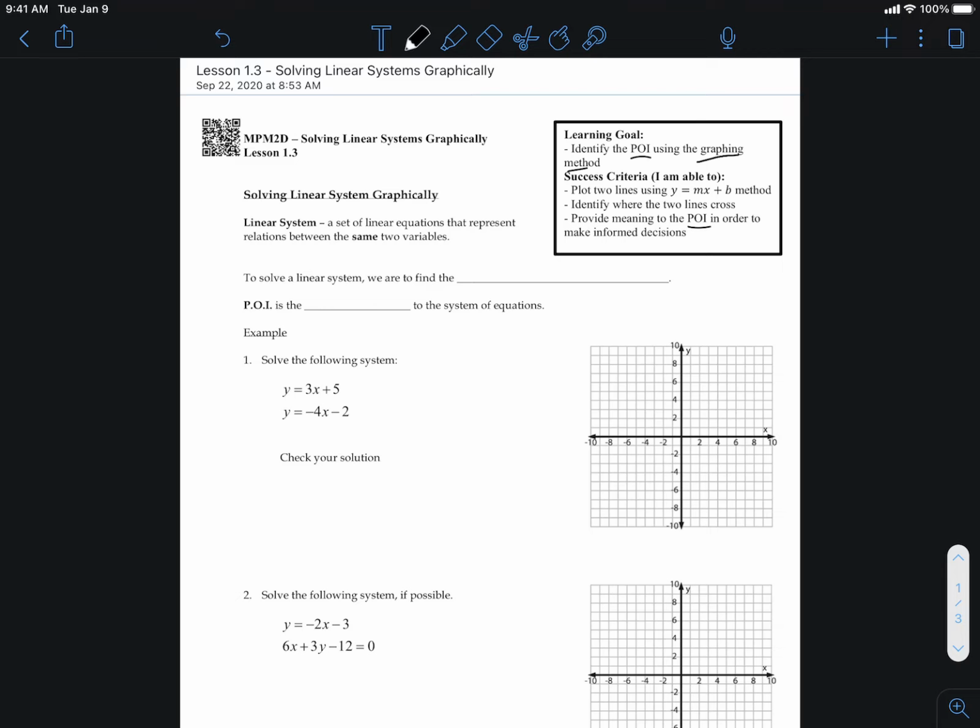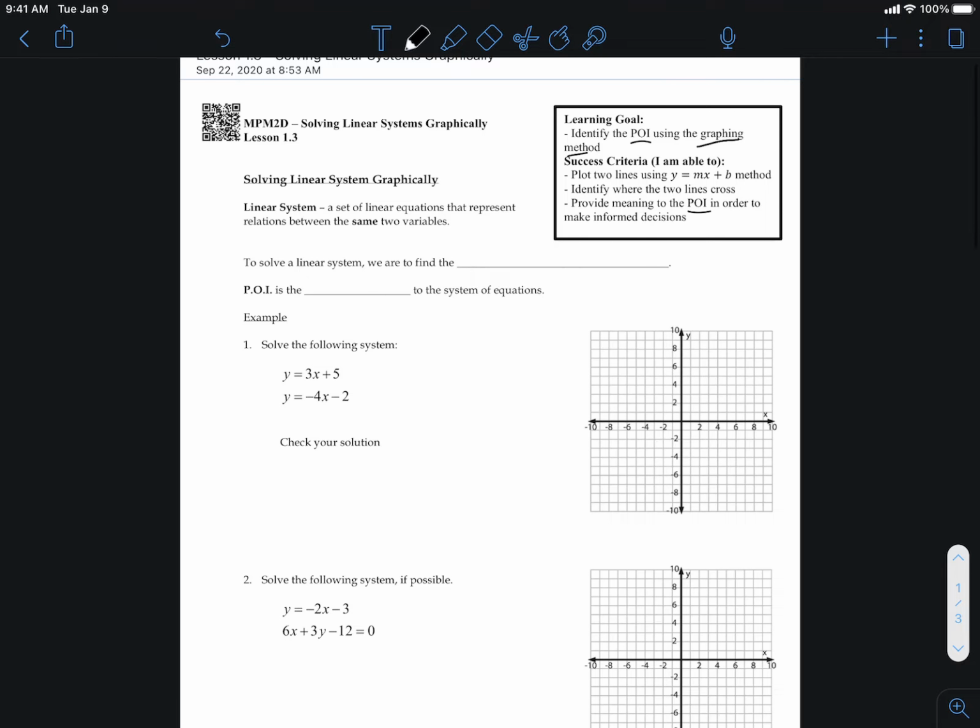Does that make sense? A linear system is a set of linear equations. Could be 2, could be 3, could be 4, 5. We're only going to do 2, but they represent relations between the same two variables, so you'll have x's and y's typically. To solve a linear system, we're going to find the point of intersection.